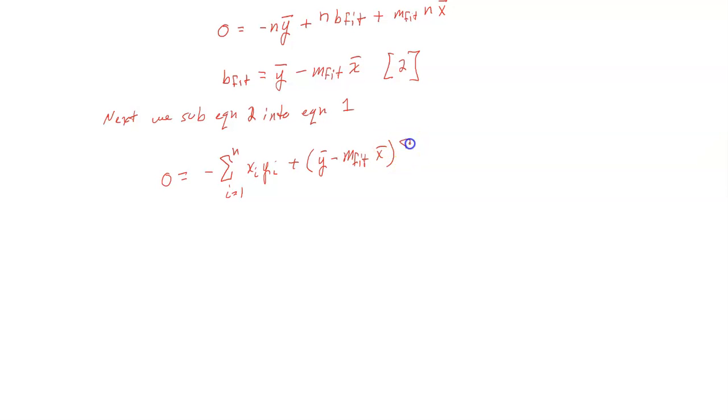And then this is the sum, i equals 1 to n of xi, plus m fit times the sum.